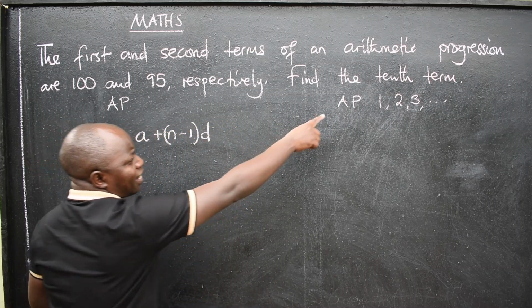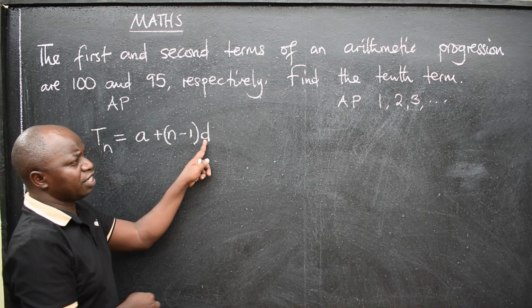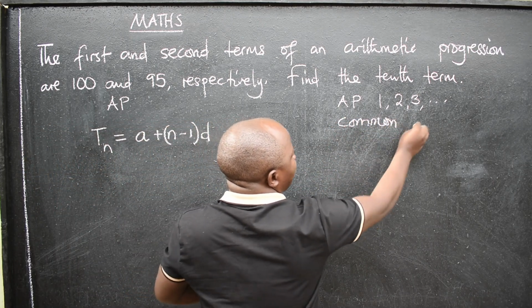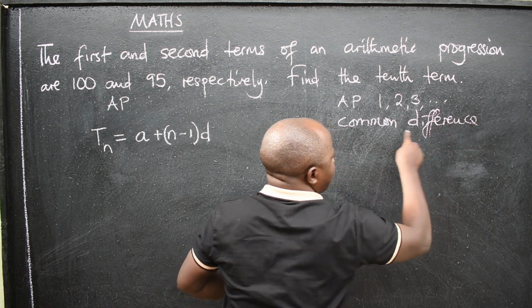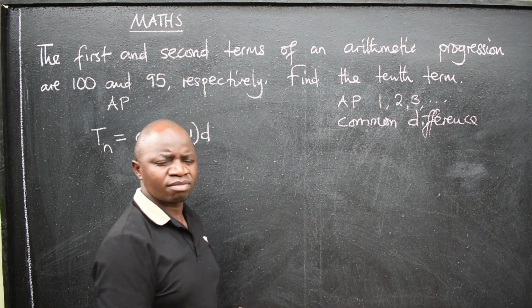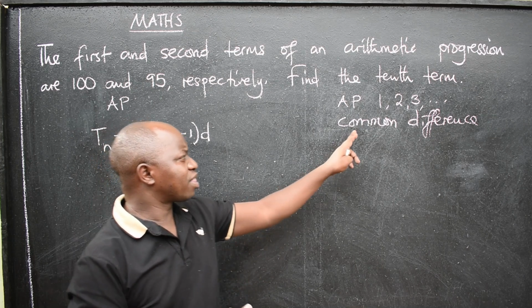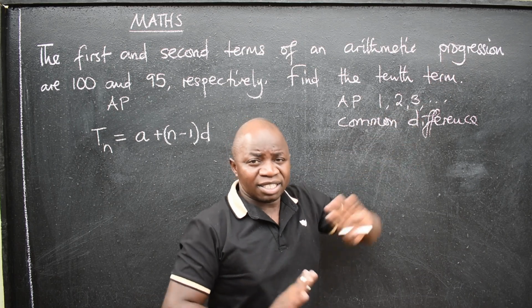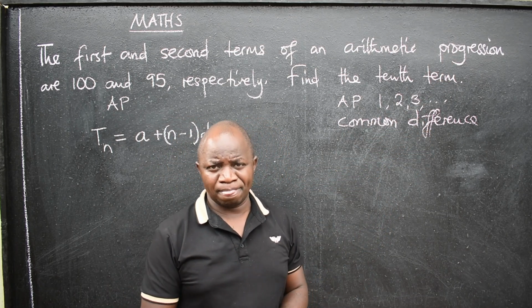We identify an AP using D, which is common difference. Common difference, D. So, any sequence with common difference is an AP. But a sequence without common difference is not an AP.